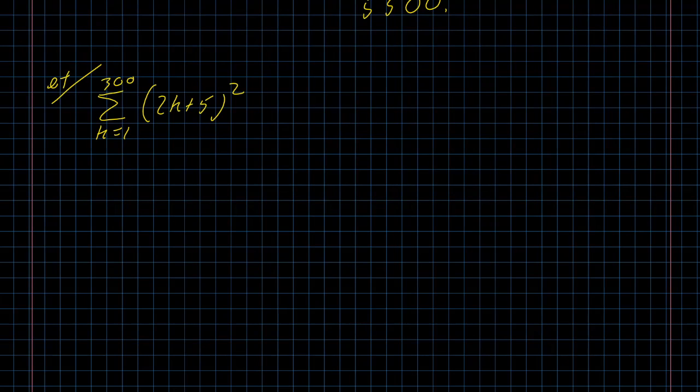But in this sequence, the square is happening at the end. So this is not a linear combination, but a nonlinear combination. But that won't stop us. We know how to square a binomial. (2k plus 5) squared means (2k plus 5) times (2k plus 5).